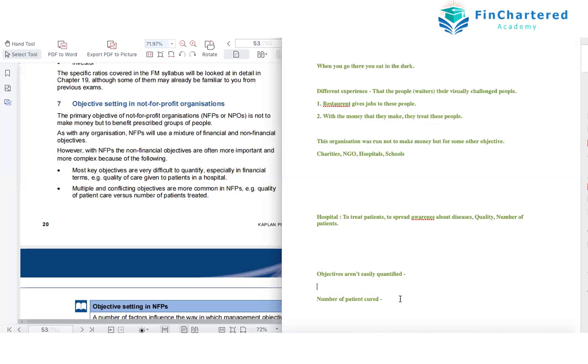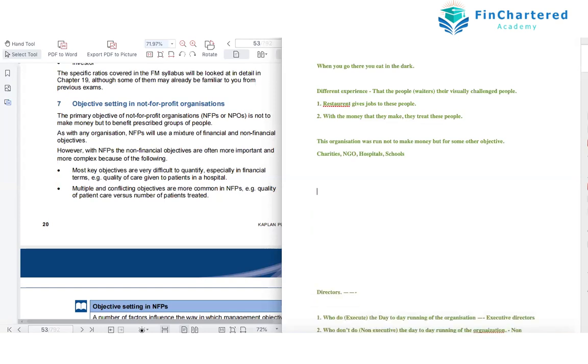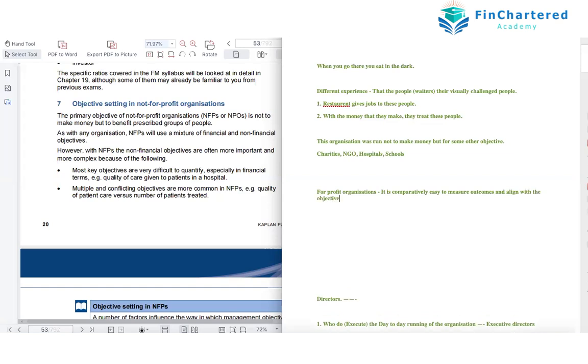Okay, so again, what I'm trying to tell you here is it is not as easy to measure the outcome as it is for for-profit organizations. For for-profit organizations, it is comparatively easy to measure outcomes and align them with the objectives.